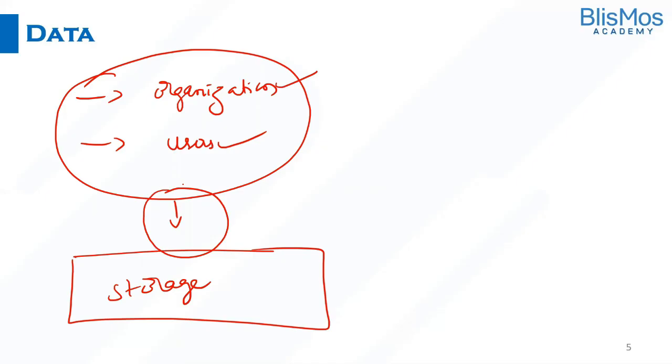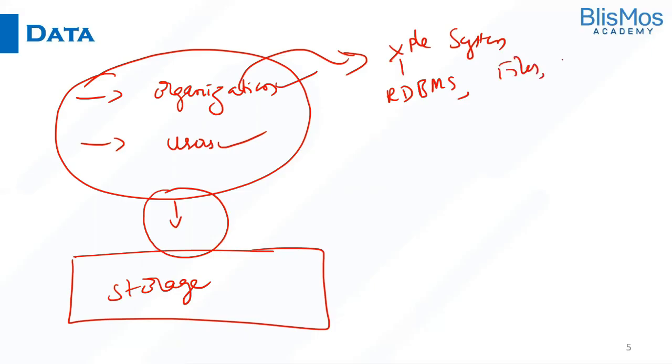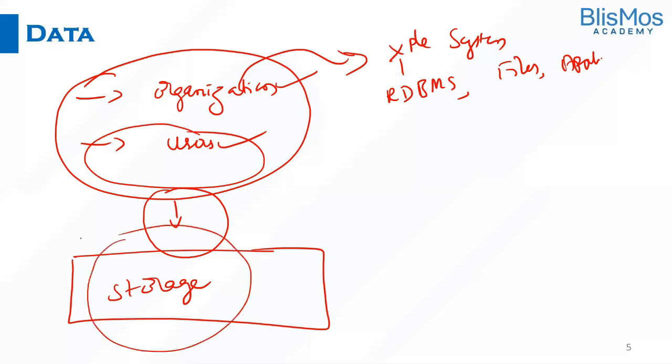Yes. But organizations also have multiple systems. It may have RDBMS systems, files, and applications, and users are also producing multiple amounts of data. Now that we understood a lot of data is there in an organization in multiple systems, and users are also creating data, and that can be stored in cheap storage.